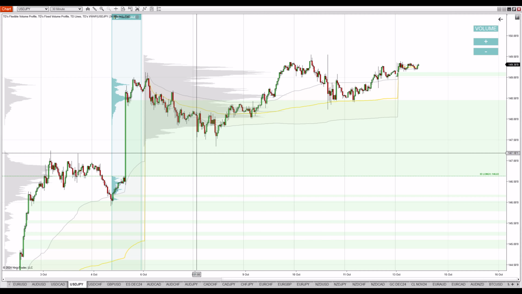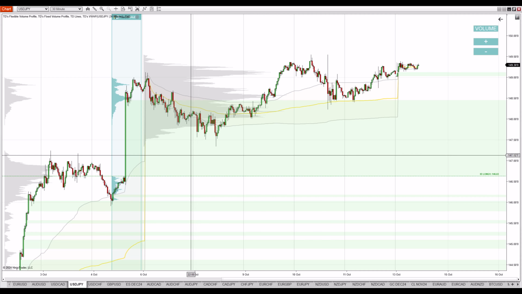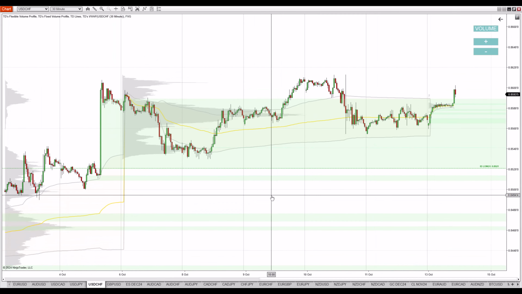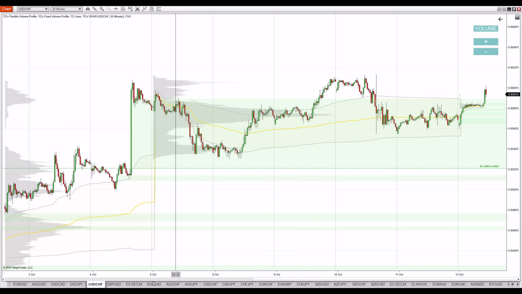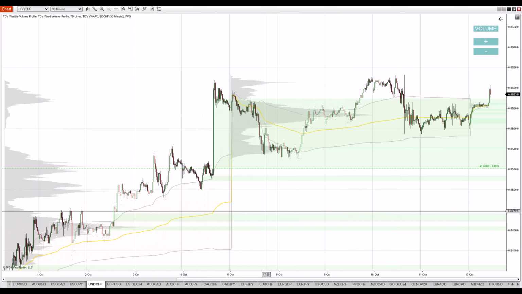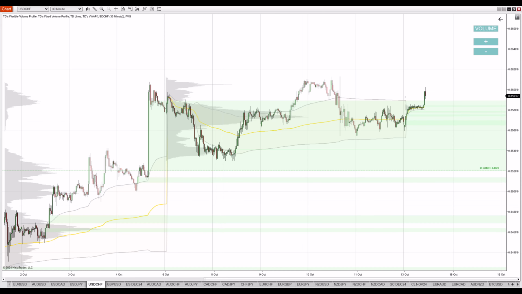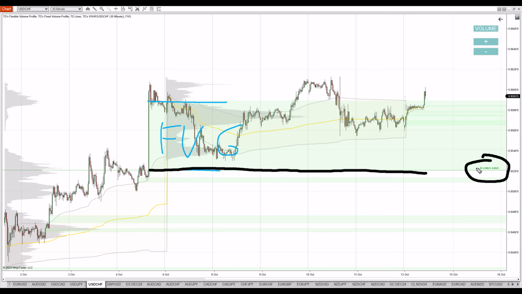And let's go for the next trading idea, and the next one will be on the US dollar Swiss franc. So this is the US dollar Swiss franc, and in here we have a very similar scenario as on the US dollar Japanese yen. What we have here is this fair value gap, and the beginning of that fair value gap is here, this black line, and it is at 0.8521.